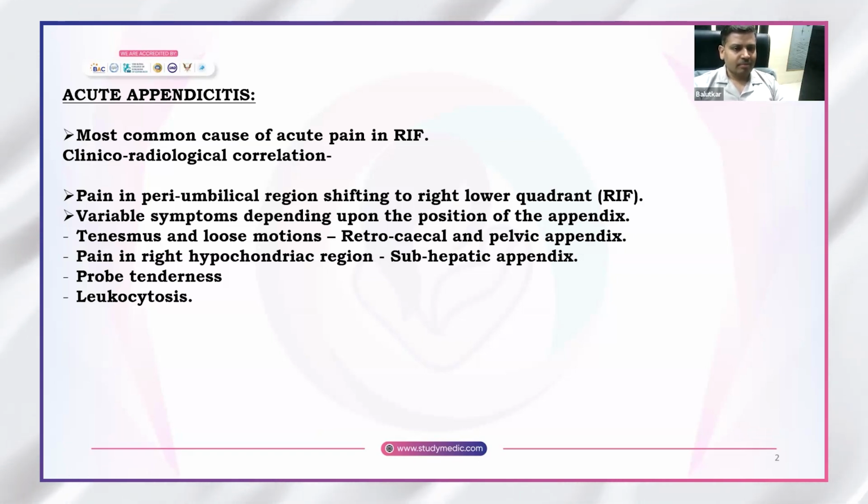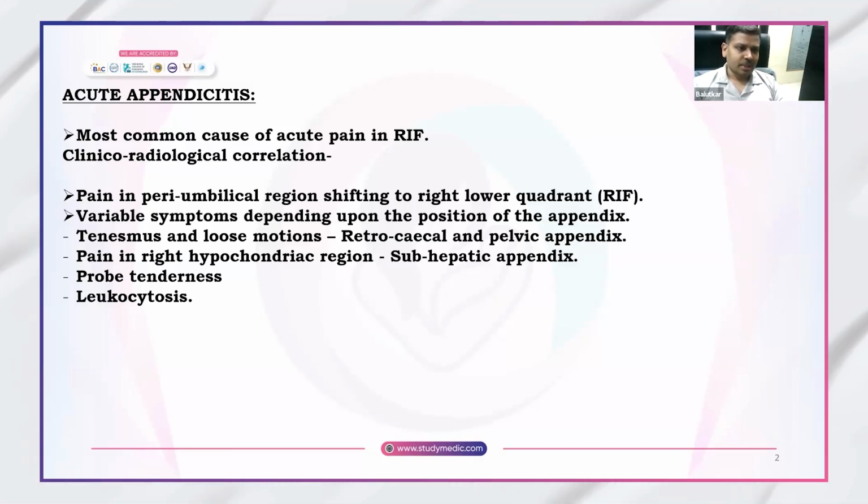The symptoms may be a bit variable depending upon the position of the appendix. If the appendix is retrocecal in position, the patient may present with complaints of loose motions and tenesmus, that is, a feeling of evacuating the bowel frequently.